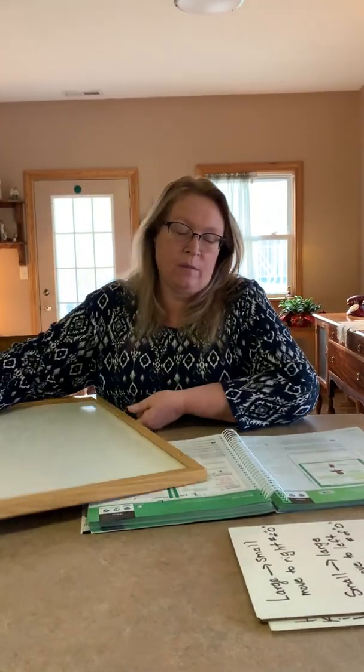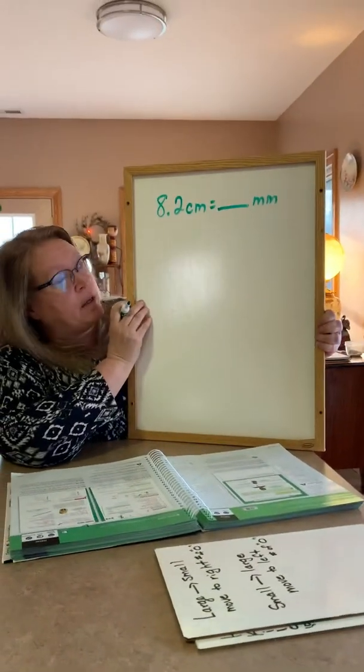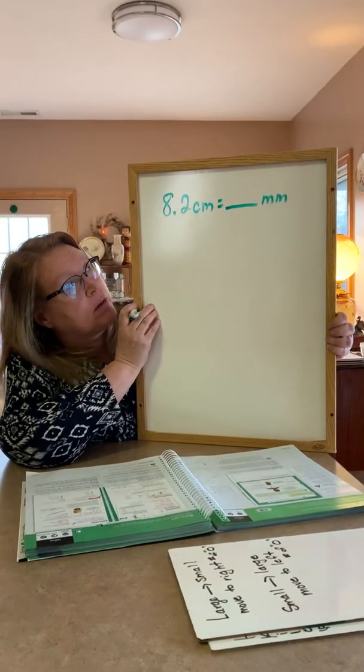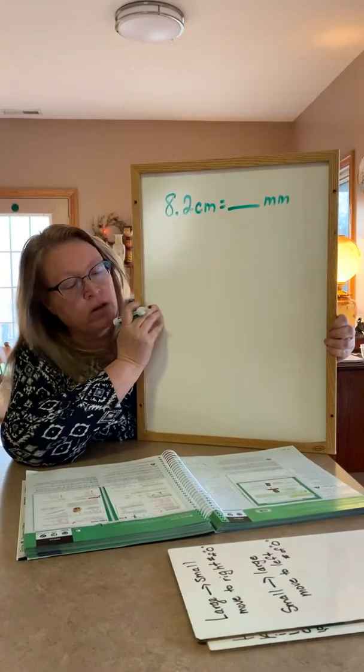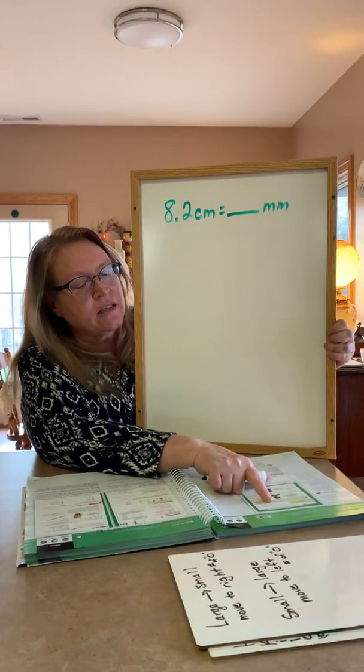So if I am going from 8 and 2/10 centimeters, and I want to take it to millimeters, okay? I'm going from big, centimeters are bigger than millimeters. So I look at my chart and I see that from centimeters to millimeters, it has 10.